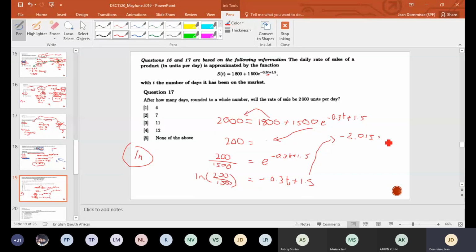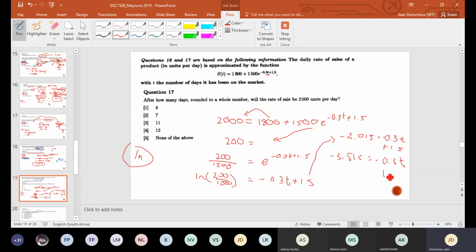It's equal to minus 0.3t plus the 1.5. So I'll take the 1.5 to this side. So basically it is minus 2.015 minus 1.5. So on this side I then have minus 3.515, and that is equal to minus 0.3t.